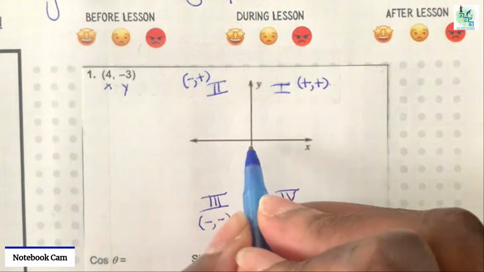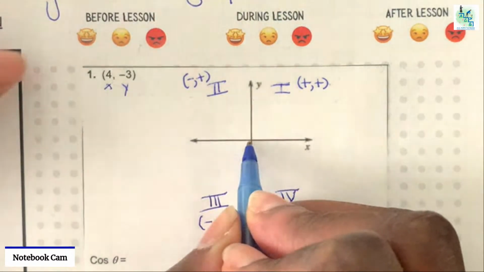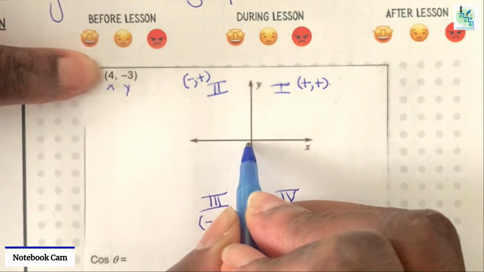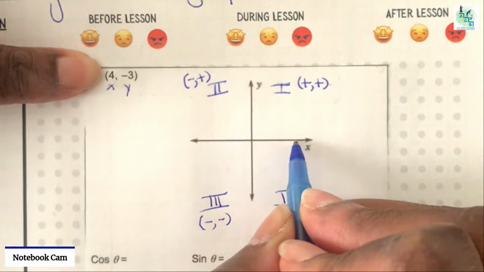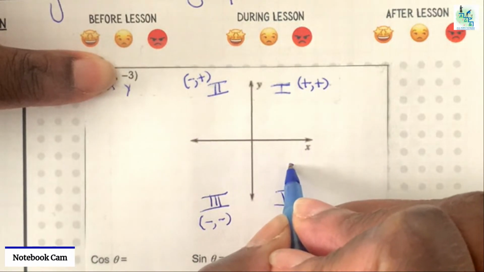So starting here at the origin, anytime we're plotting points, that's where you start. I'm going to go to the right 4, so that'll be roughly here. And then I'm going to go down 3, which is going to be roughly around here somewhere.